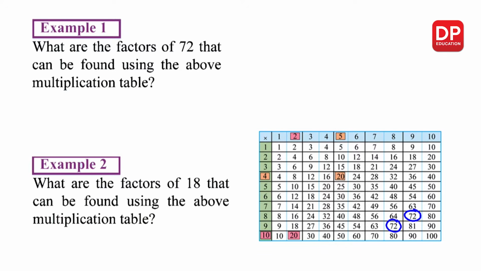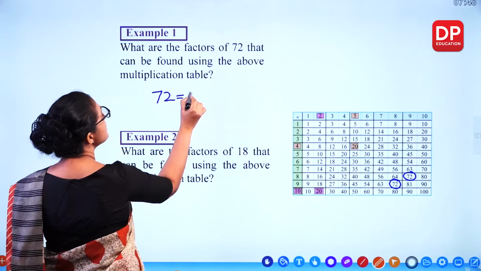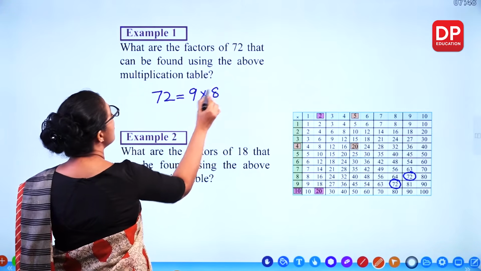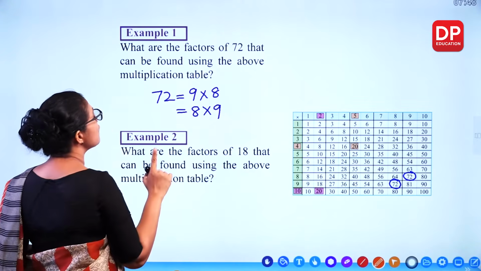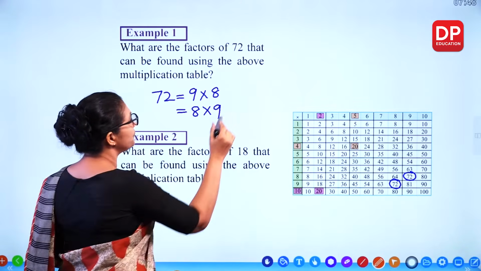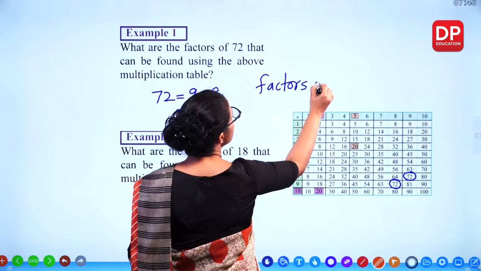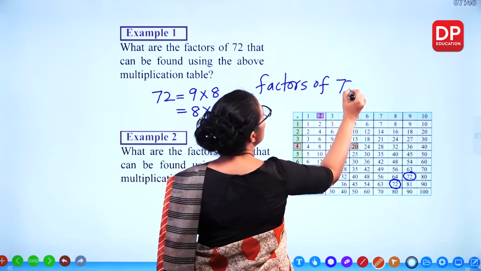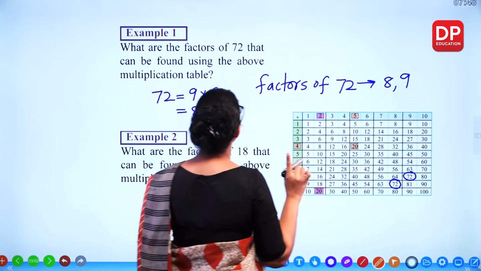So 72 means 9 times 8 and 8 times 9. So I can write 72 is 9 times 8 or 8 times 9. So that means for the factors of 72, I can take 8 and 9 from the table.